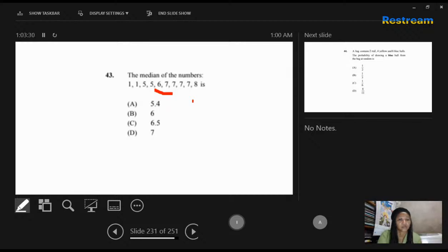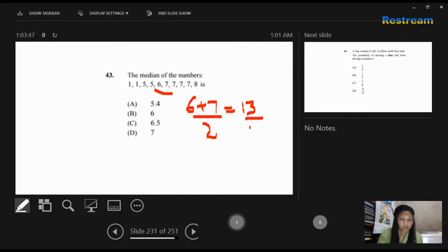Wait, did I do that? I don't think I did that right. So we have 6 and 7 in the middle. Oh, yes, miss. So 6 plus 7 would be 13 divided by 2 would be C, 6.5.